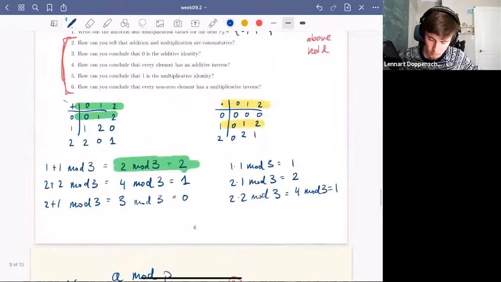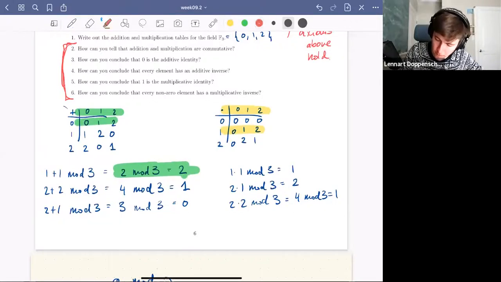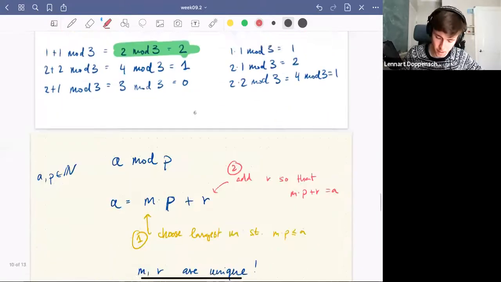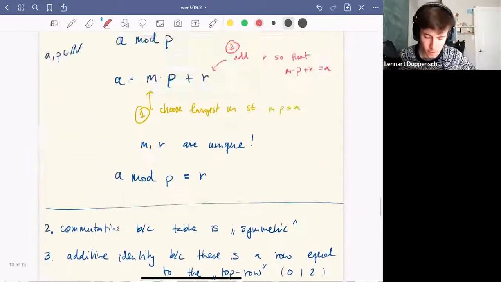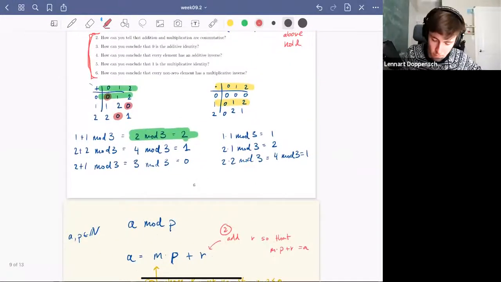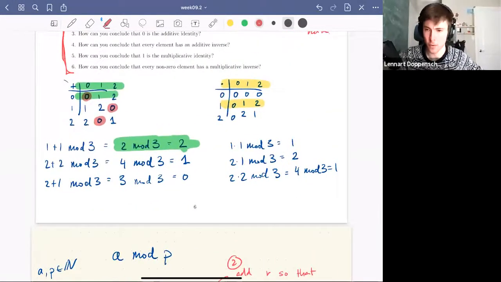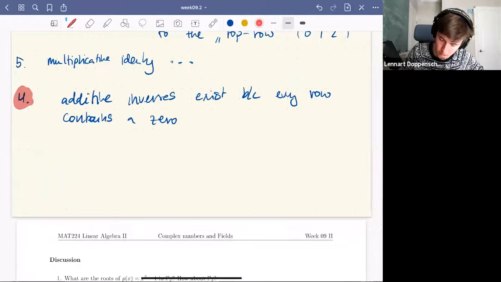So this means every row here has some 0, either here, here, or here. So this is the reason why there are additive inverses. The additive inverse of 1 is 2, for example. This means that minus 1 in F3 is 2.